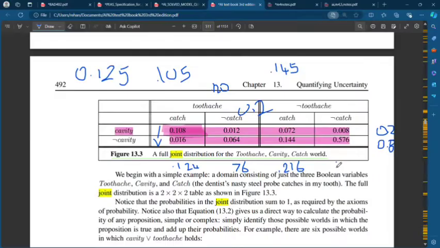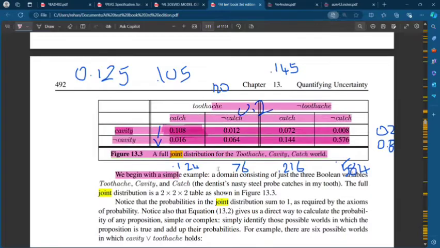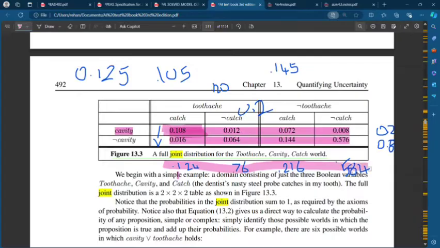And here 0.576 plus 0.008 is 0.584. When I add these values, 0.584, 0.216, 0.076, 0.124, this will give me 1. You are understanding? Just try to add.